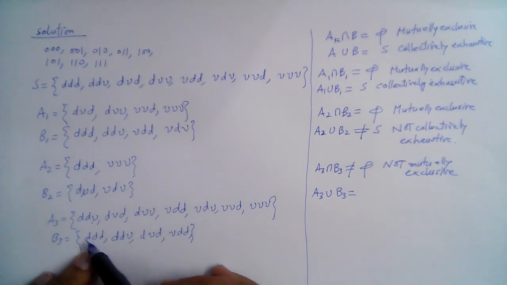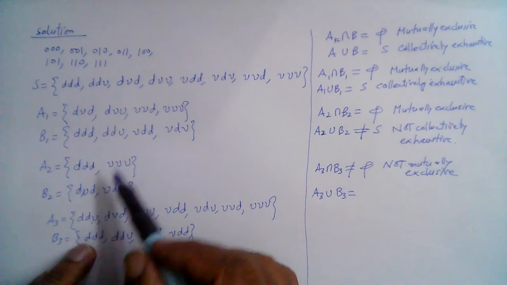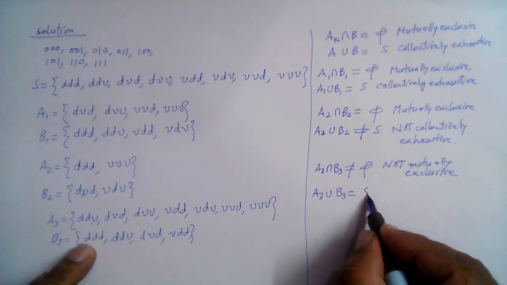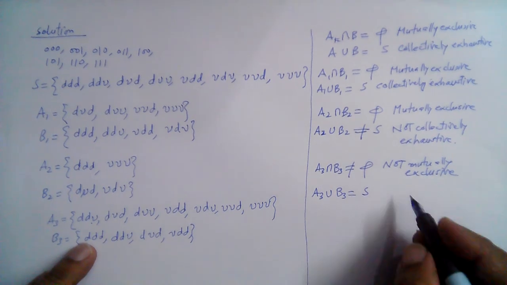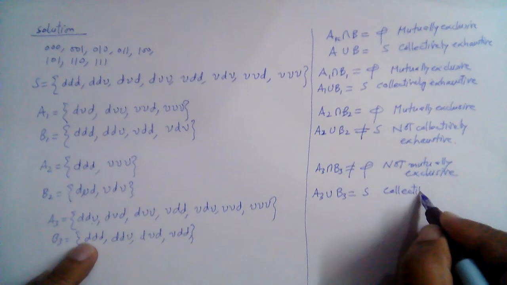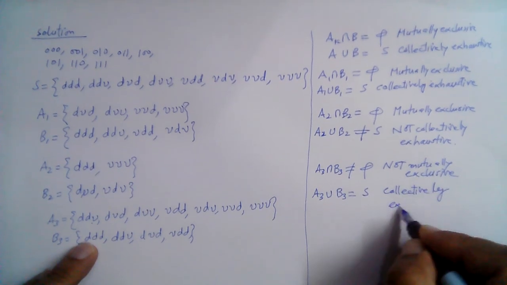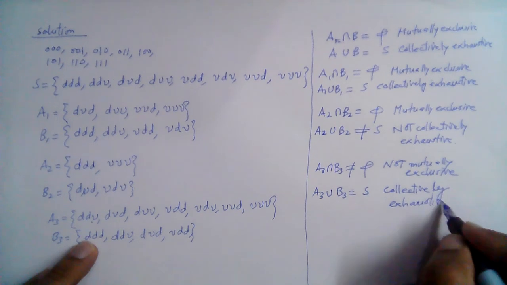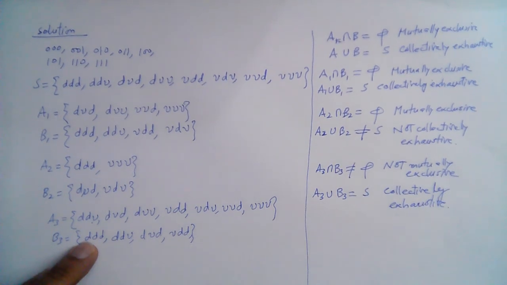So if we take the union of A3 and B3, the element DDD is here, and if we take the union, this will give us the sample space S. So yes, A3 union B3 gives us the sample space, so they are collectively exhaustive. So this completes the solution to this problem.